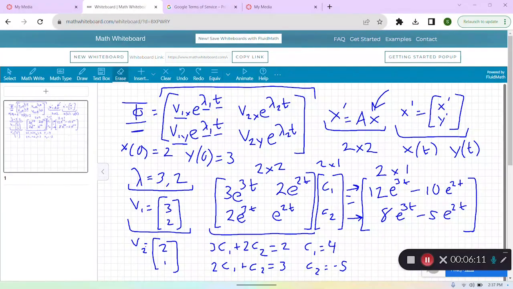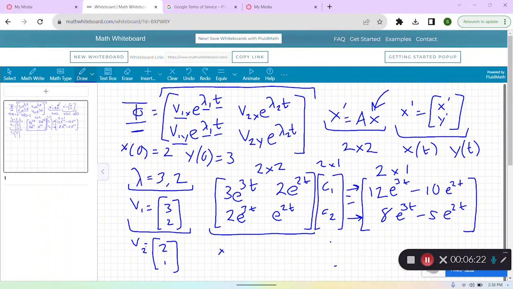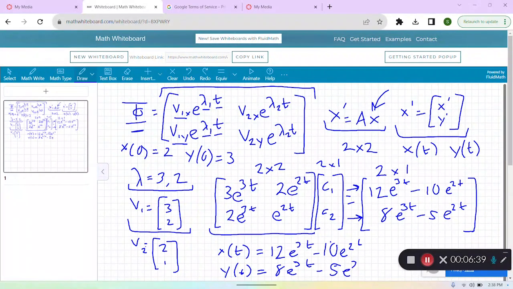So we have now generated our equations. Eliminating our constants, we will get x of t is equal to 12 e to the 3t minus 10 e to the 2t. And our y of t equation is equal to 8 e to the 3t minus 5 e to the 2t. And that will be the solution to our differential equation. Alright, good luck.